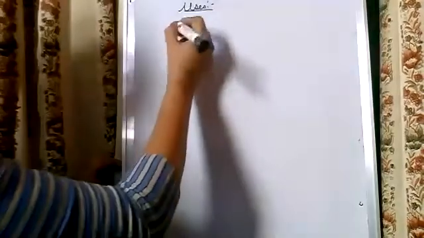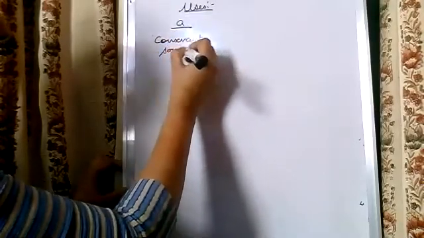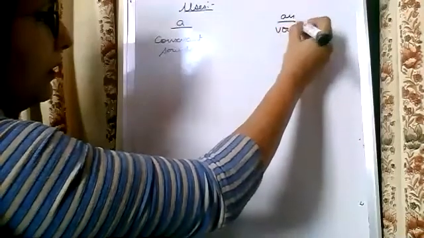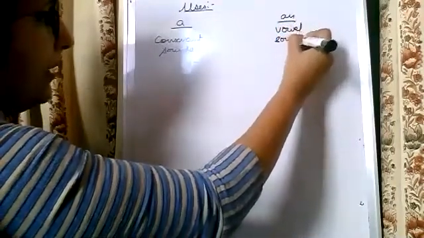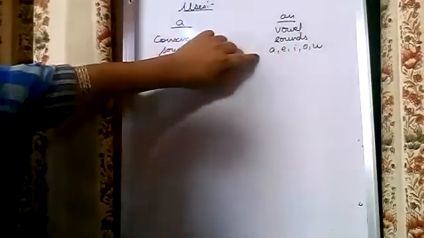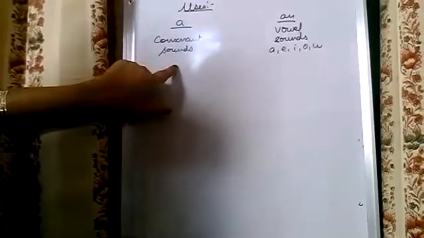Just remember, first of all, that a is used with consonant sounds, and an is used with vowel sounds. Which vowel sounds? A, E, I, O, U. All the sounds apart from these are called consonant sounds.